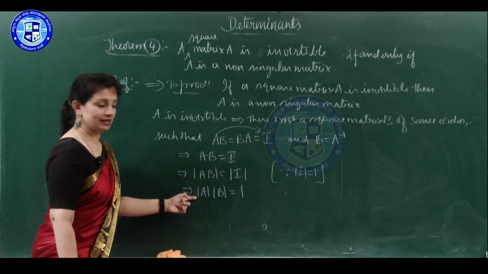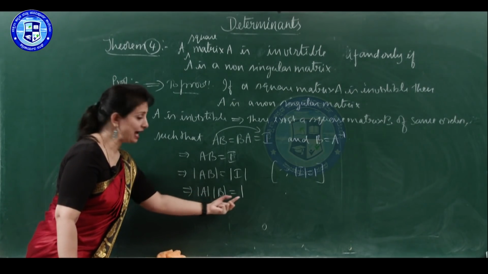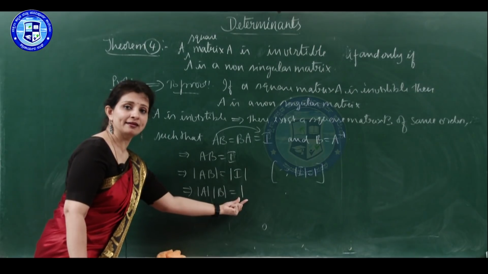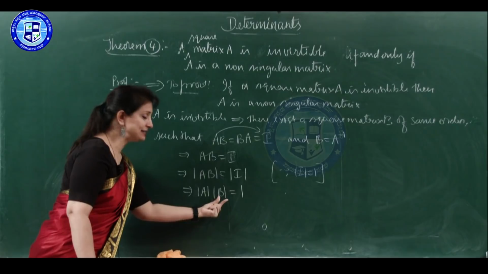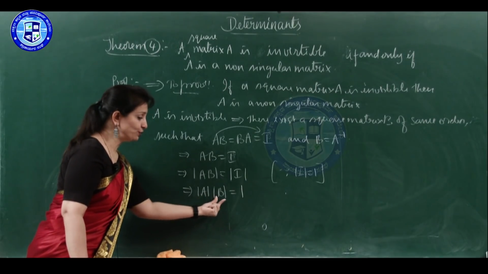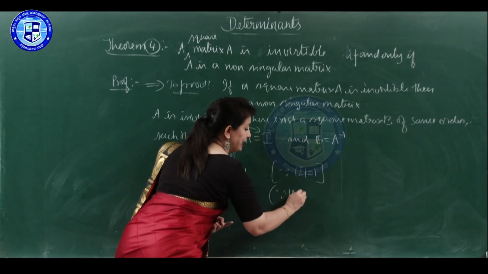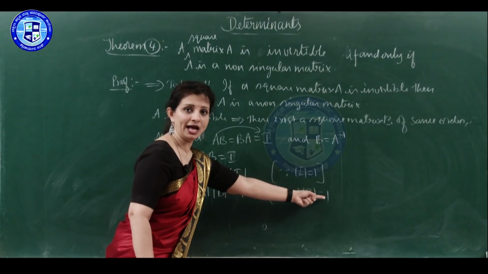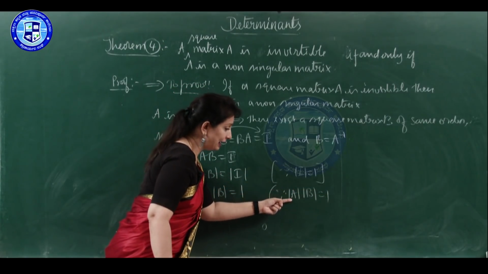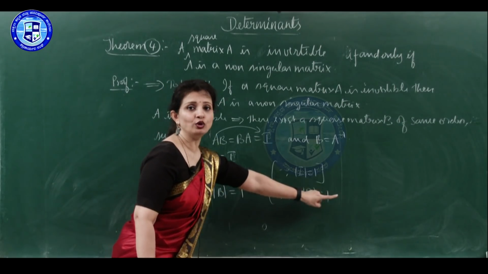Now, look at this. The determinants of A and B are multiplied and you got the answer as 1. That means determinant A is a number, determinant B is also a number. The product of two numbers is 1. Since determinant A into determinant B is equal to 1, determinant A is not equal to 0, determinant B is also not equal to 0.